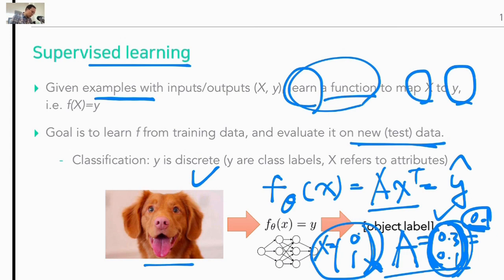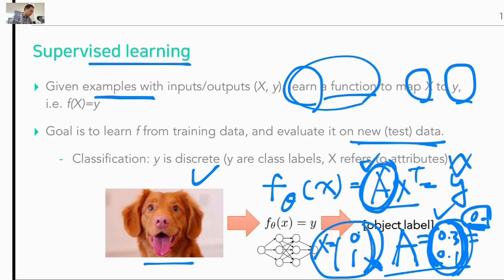So the goal is to find the best parameter, the best A in this case. The A is most important, right? This is everything about the model. So when we have the best one, we can predict the best result with respect to this Y, right? This is the parameter, theta in here.